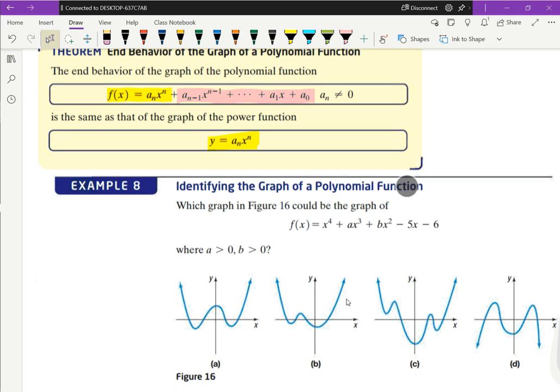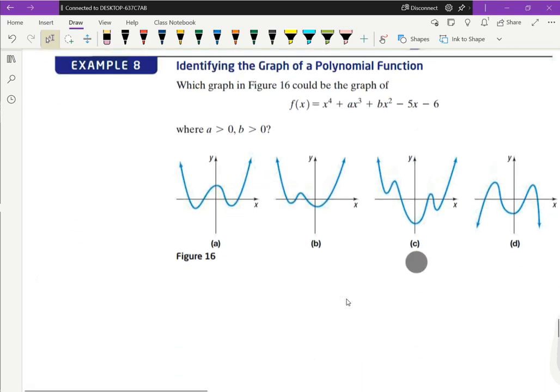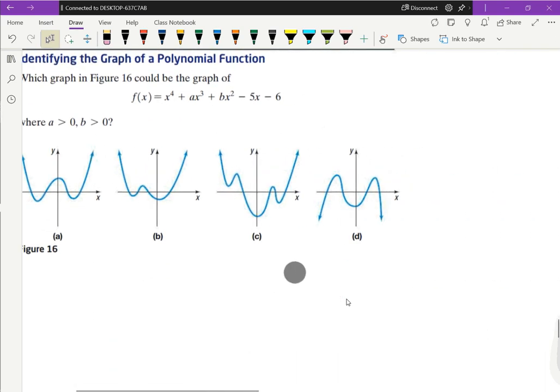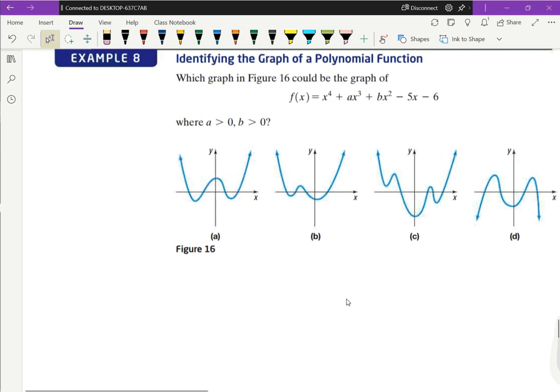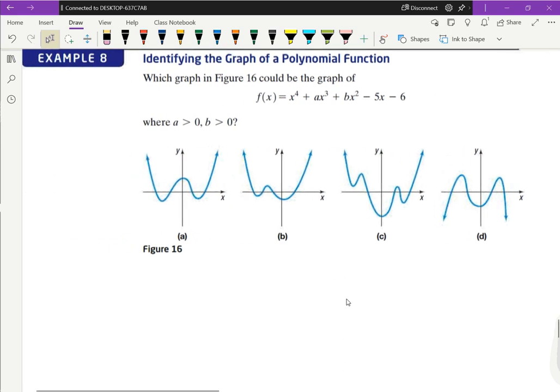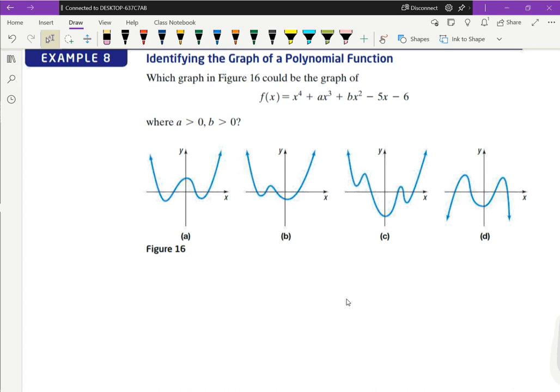Now we can take a look at example number 8. Identifying the graph of a polynomial function, we ask which graph could be the graph of x to the fourth plus ax cubed plus bx squared minus 5x minus 6. Since we don't know what those middle terms are, we don't know for sure how it's going to be turning specifically.